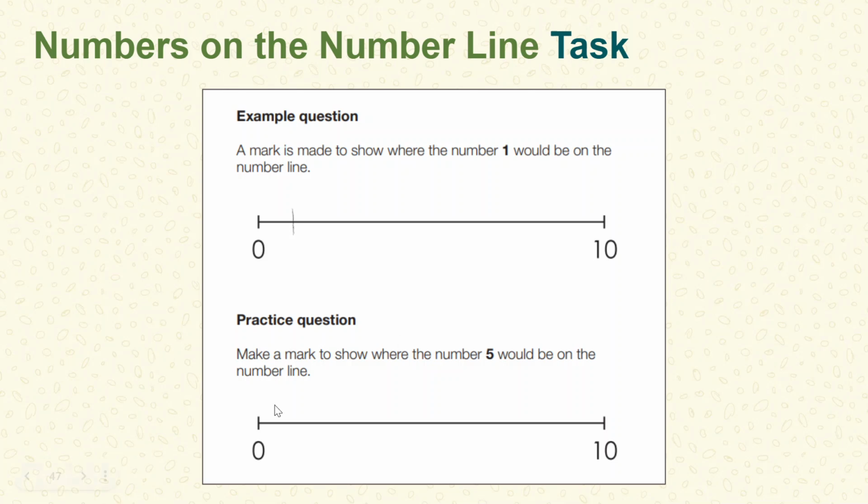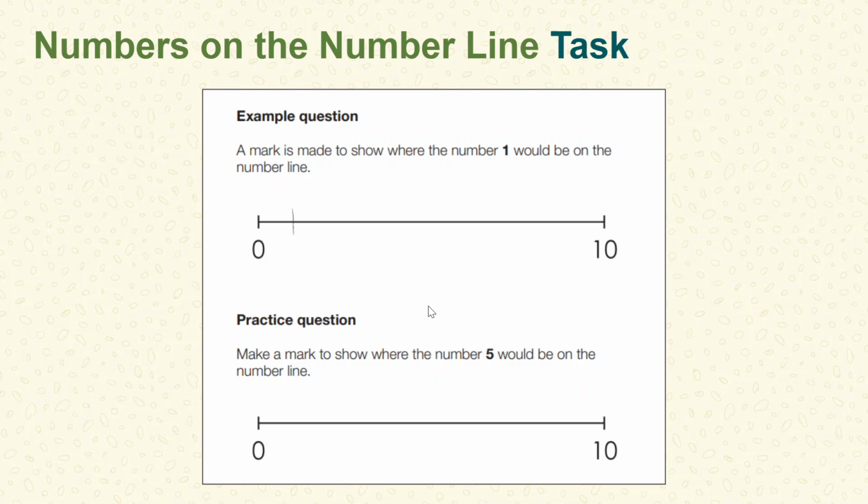And now you're going to describe the next question to them, the practice question. And you will say, make a mark to show where the number 5 would be on the number line. You'll check to make sure the child understands the task.